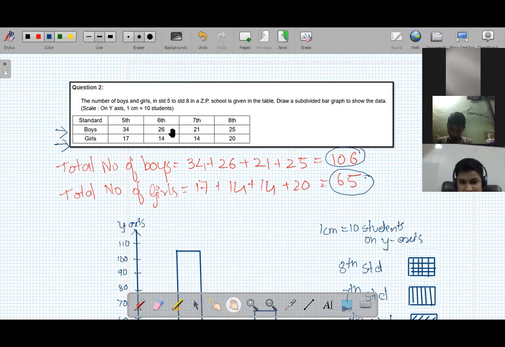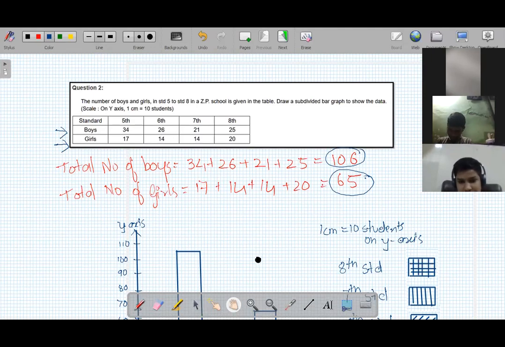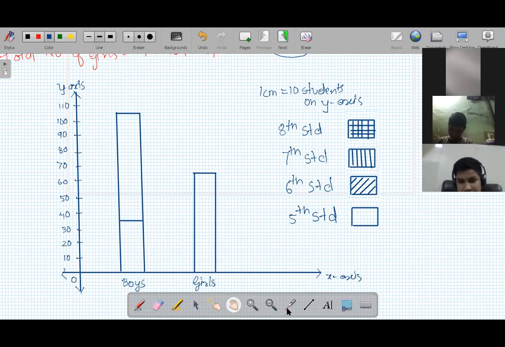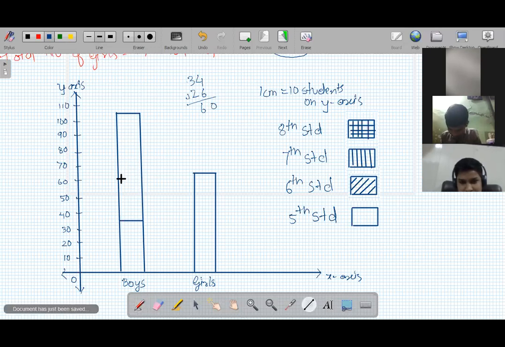Now you see in the 6th standard the number of boys is 26. To mark this, first was 34, second in the 6th standard it was 26. So you add 34 plus 26. How much will you get? 60. So for 6th standard, you mark up to 60 here.